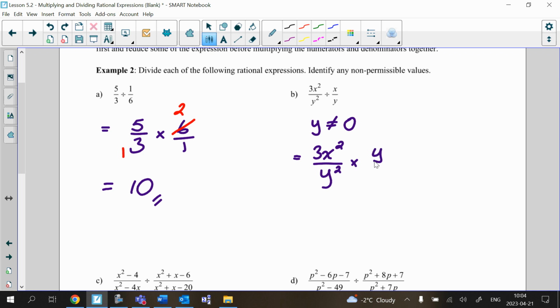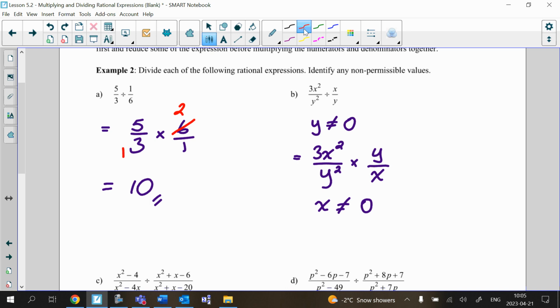Now reduce whatever you can. You don't have to state y again if it's the same, because we already stated y not equal 0 up here. This was the only new thing that happened. But be careful because you don't want to miss any restrictions, any non-permissible values.